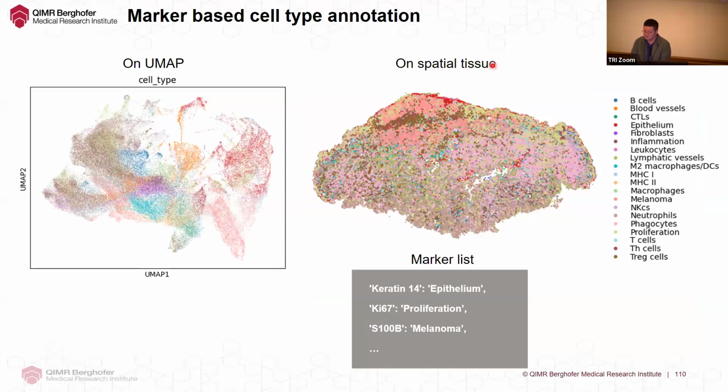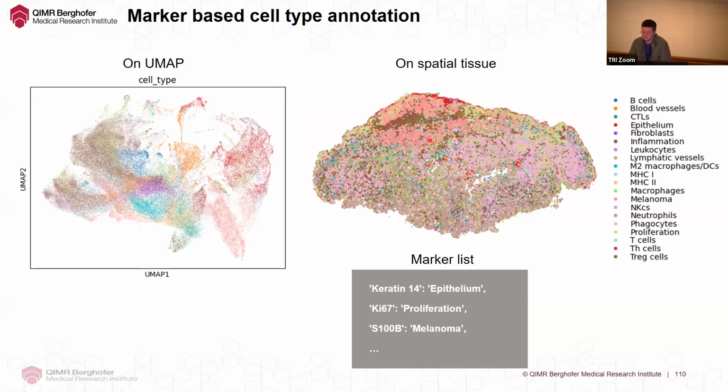Once we generate the single-cell data, we can use the annotation of the markers to annotate each cell. In this experiment, we measured about 33 proteins, and we can annotate that many cell types. Those can be real cell types or some cell states, and also positive molecular markers.